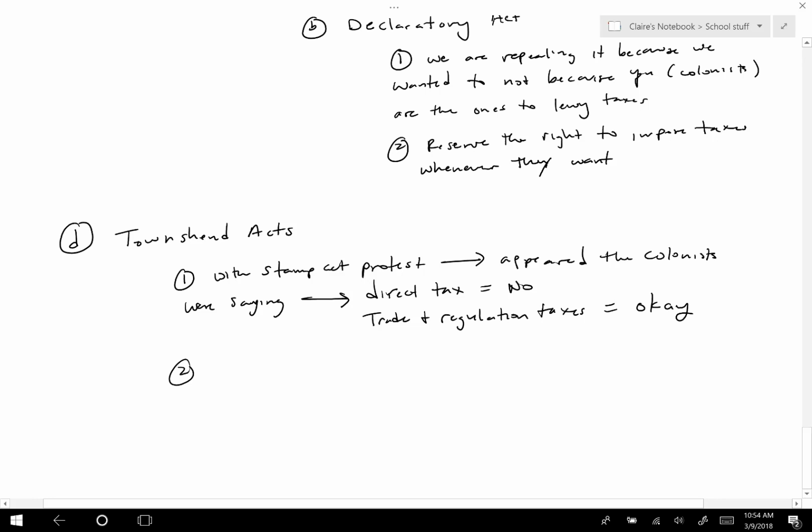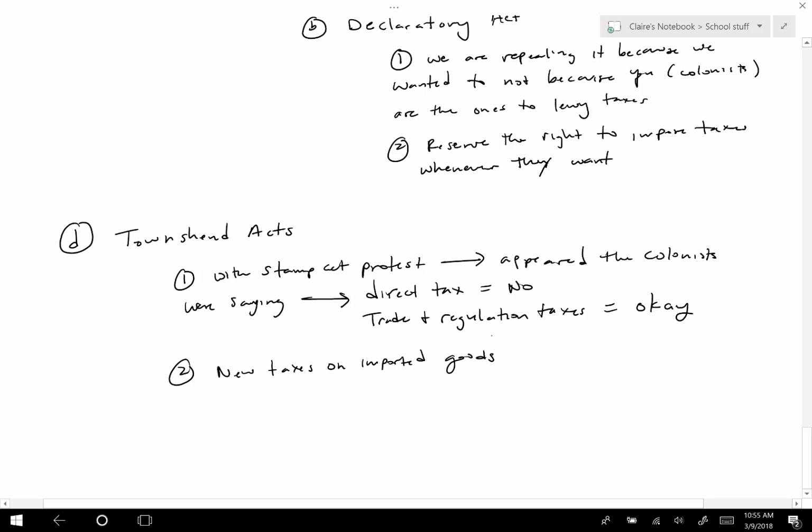okay, we're going to impose new taxes on goods that were imported into the colonies. And then again, the bigger part being that they're going to create a board of customs to collect the taxes and stop smuggling. So, new taxes on imported goods.